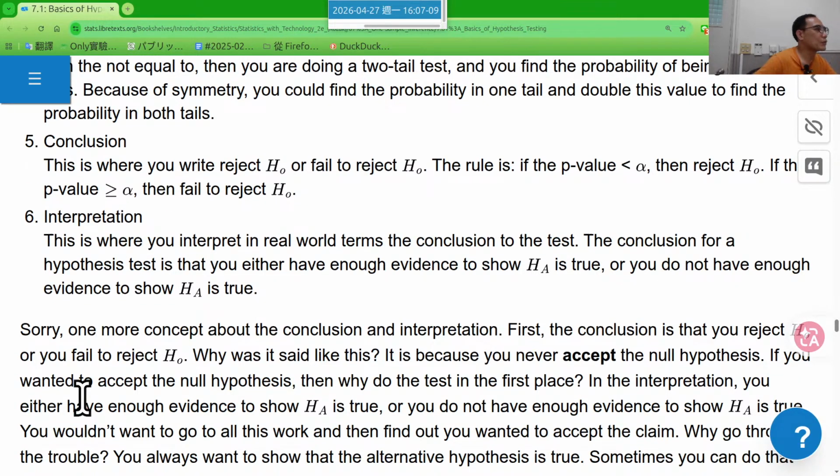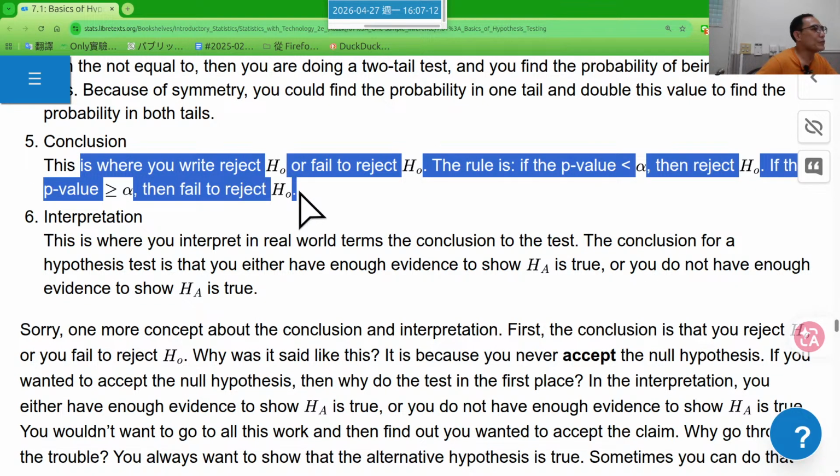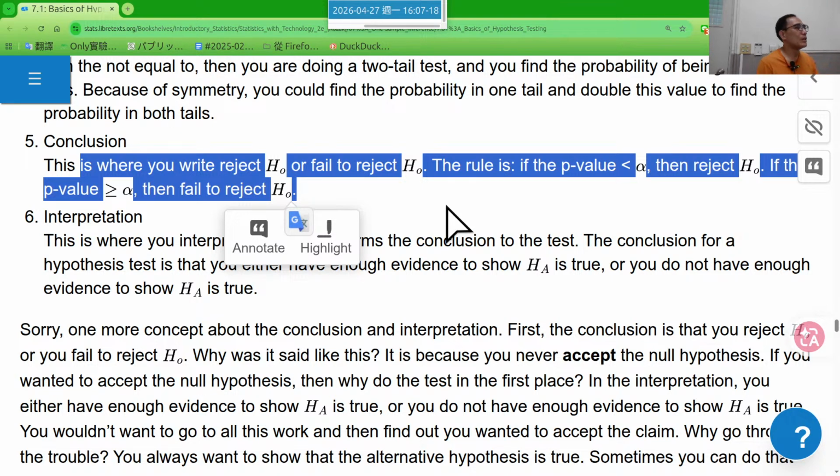Okay, let's move to the conclusion here. This is where we reject the null hypothesis. According to the example, the textbook rejected the hypothesis, and they believe the average life of batteries is less than 500 days.